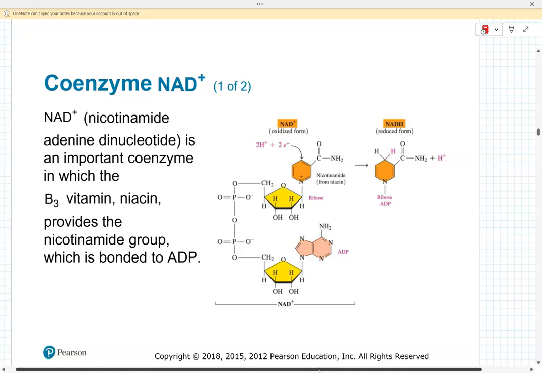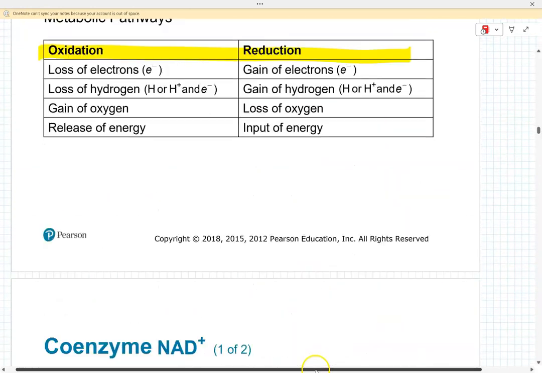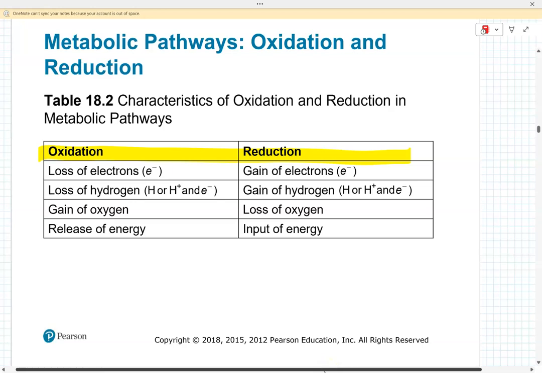So the first coenzyme that we're going to mention is NAD+. Now, remember, let me go back for a second. Take a look at the first column in this table. Oxidation involves the loss of electrons and hydrogens.